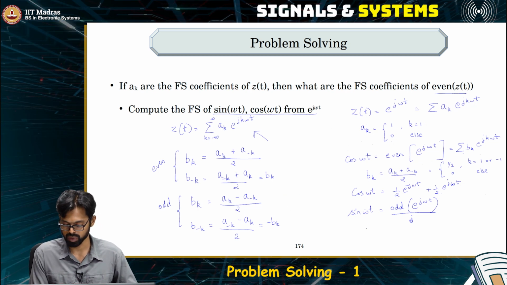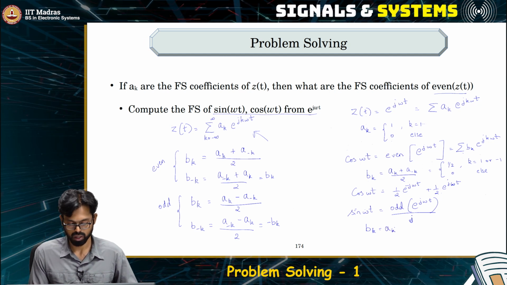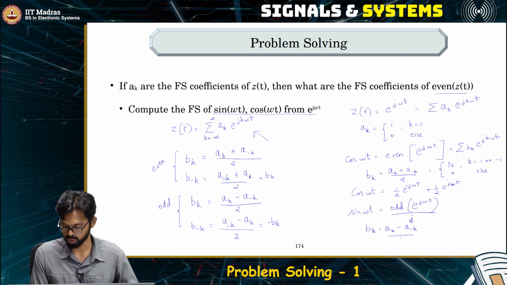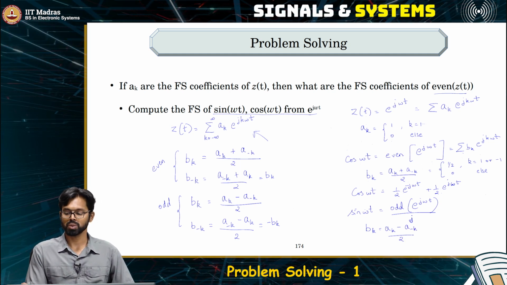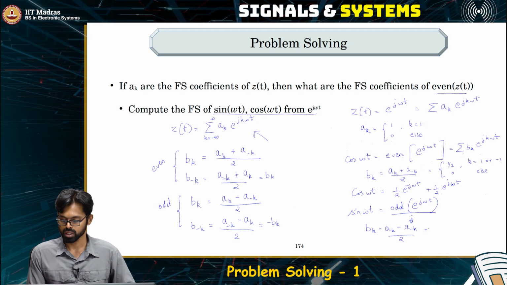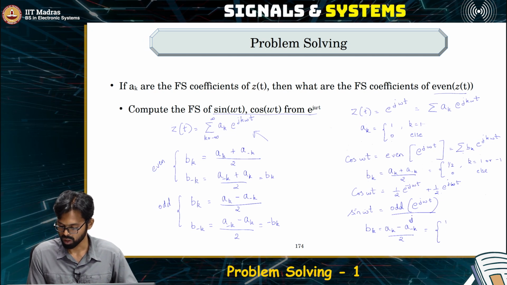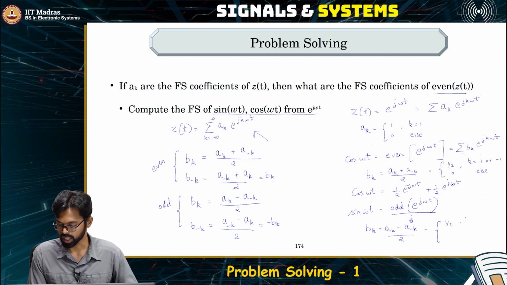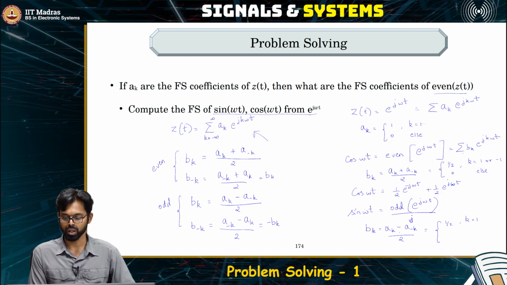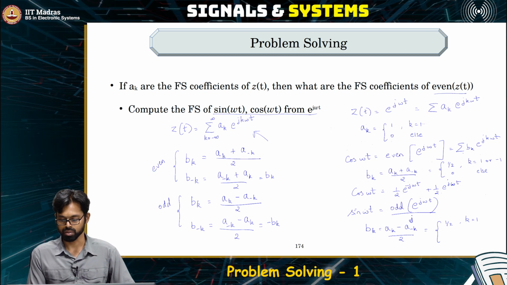So from this relationship, we can say that bk is equal to (ak minus a minus k) by 2, once again due to the same explanation that we gave before. So this is equal to half when k is equal to 1. Just substitute k equal to 1, you get a1 minus a minus 1, a minus 1 is 0, so you just get half.